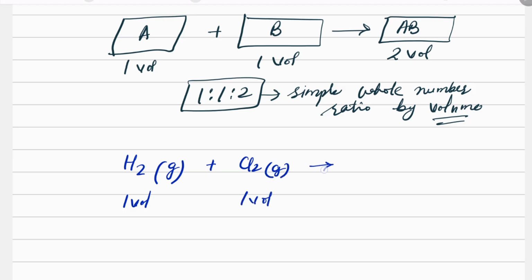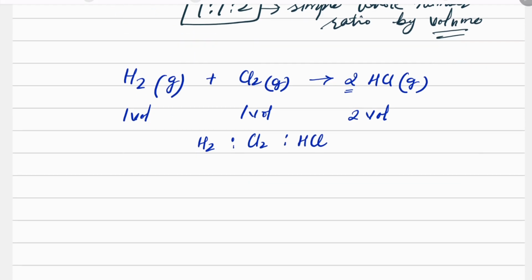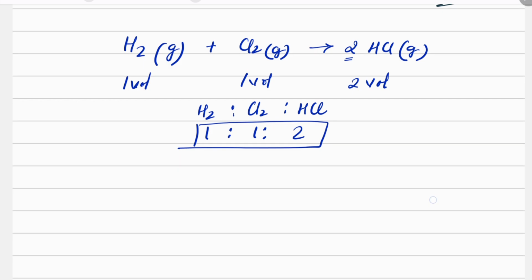We know that when hydrogen and chlorine gas react with each other, 2 moles of HCl gas is formed. Once again, this is a gas, but its volume is 2 volume. Its stoichiometric coefficient is 2 volume. Over here, these hydrogen, chlorine and hydrogen chloride gases are in ratios 1:1:2. These are the simplest whole number ratios for it when they are chemically combining or doing the reaction.